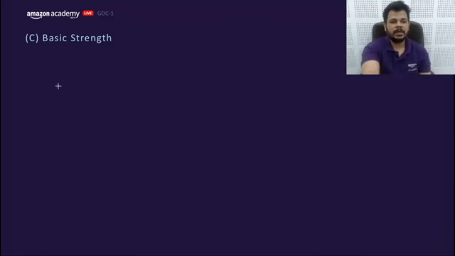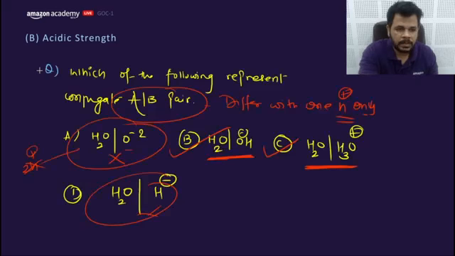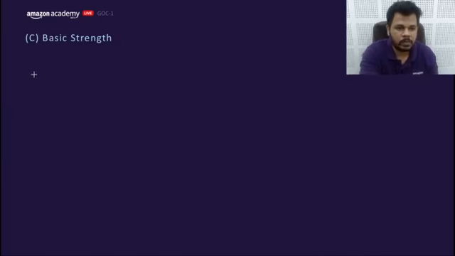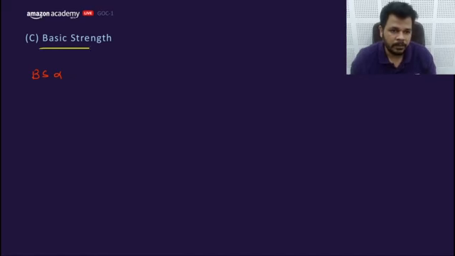This is basic strength. We can conclude the basic strength considering these points. We can answer the Brahmastra for basic strength also. Basic strength is directly proportional to what? Very importantly, when we are talking about basic strength in organic chemistry, that means we are considering more like Lewis base.